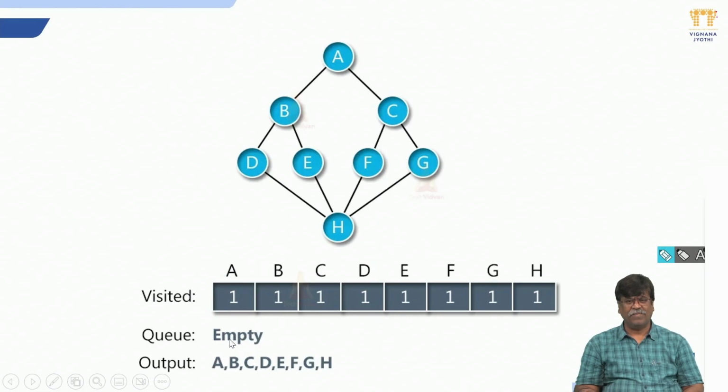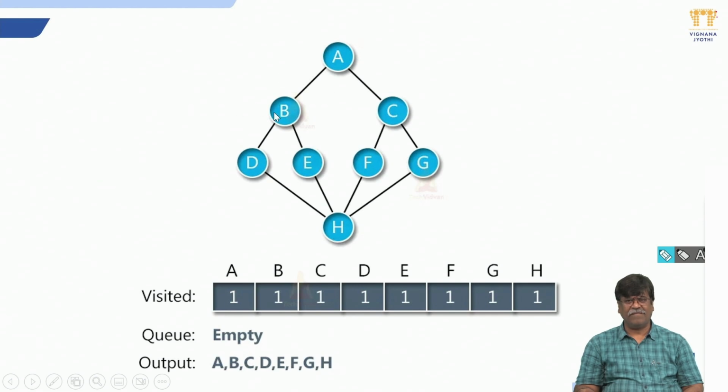So finally, the queue becomes empty and all vertices are visited. And this is the output I will get: A, B, C, D, E, F, G, H. That means I am visiting A, then B, then C, then D, E, F, G, and then H.